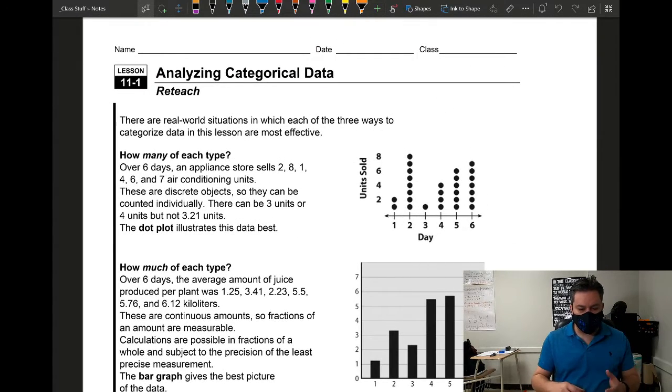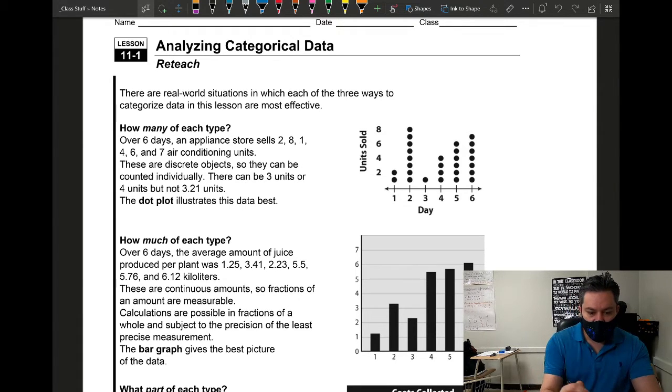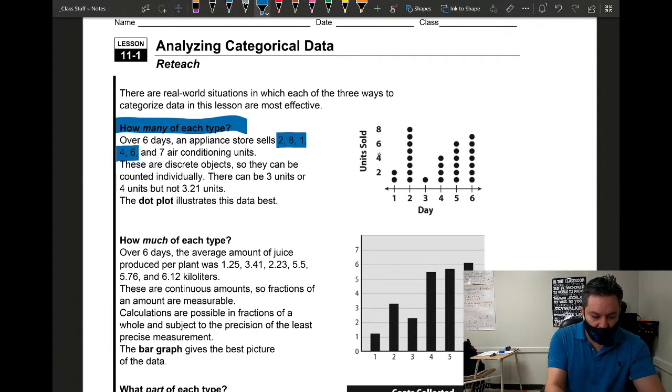So for example, the first one says, how many of each type? And if you notice, that's bold. They put that in bold letters for you for a reason. It says, over 6 days, an appliance store sells 2, 8, 1, 4, 6, and 7 air-conditioned units.